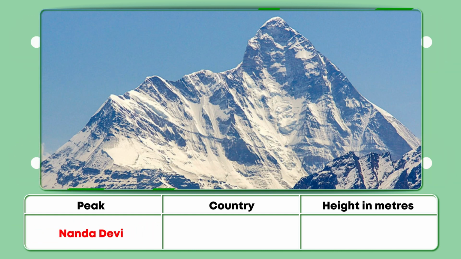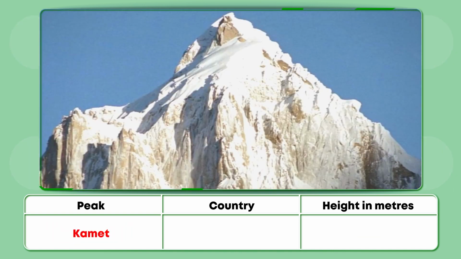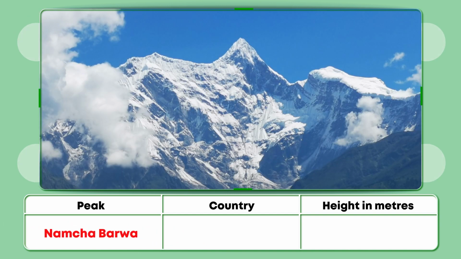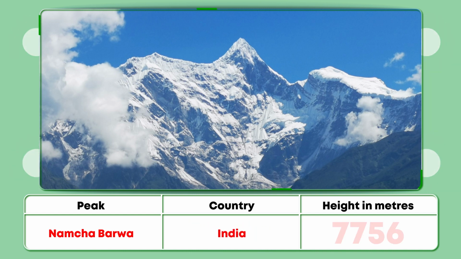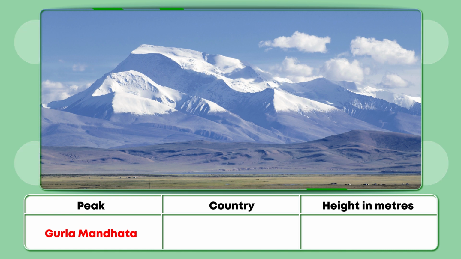Nanda Devi, India, 7,817 meters. Kamet, India, 7,756 meters. Namcha Barwa, India, 7,756 meters. Gurla Mandhata, Nepal.